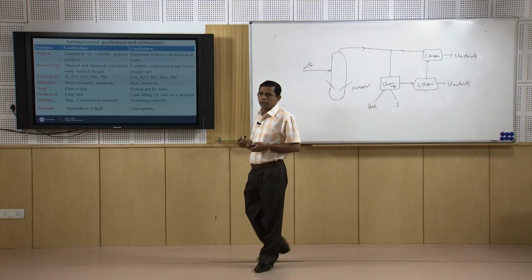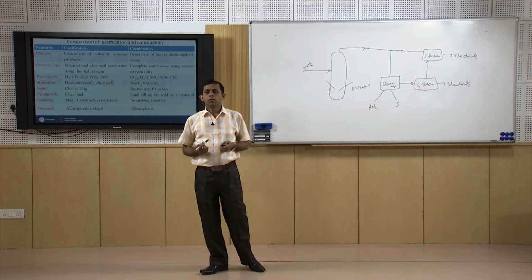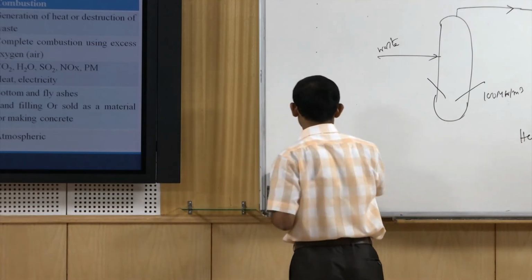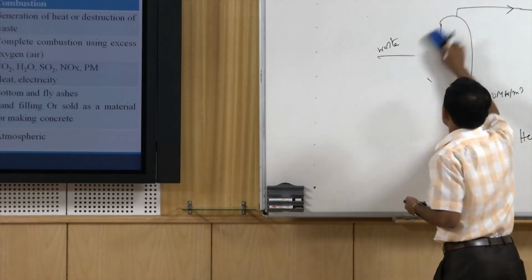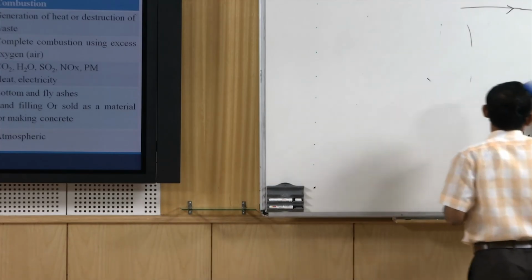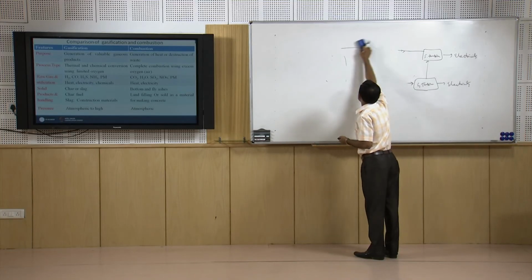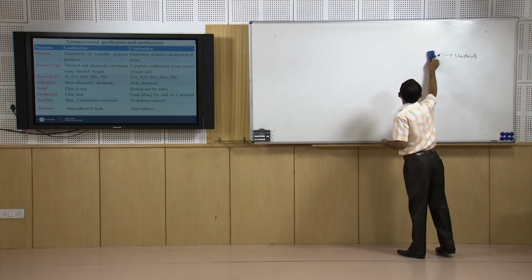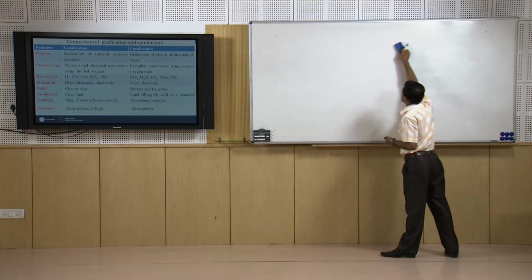At last of this module, we will compare the incineration and gasification process. So, for the comparison, we will identify some parameters and we will compare these two thermochemical conversion methods.